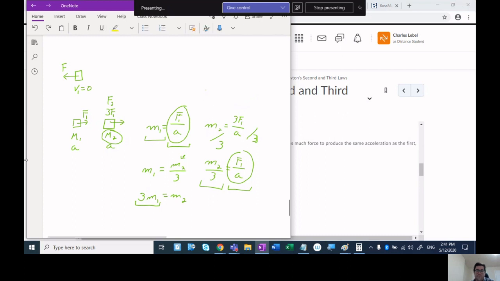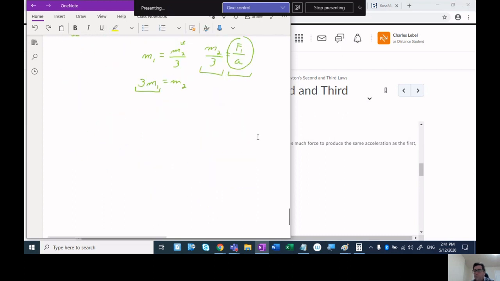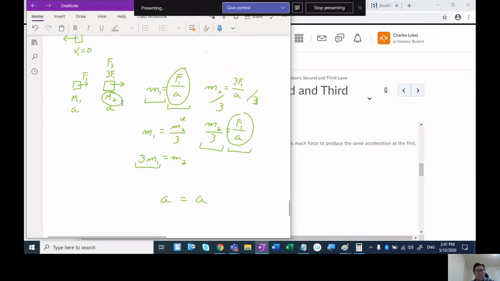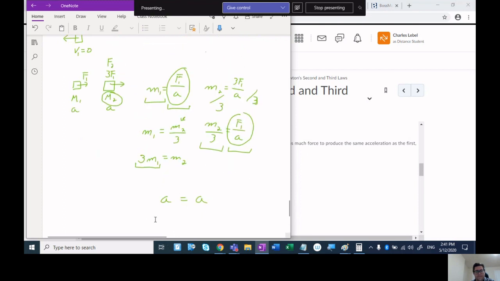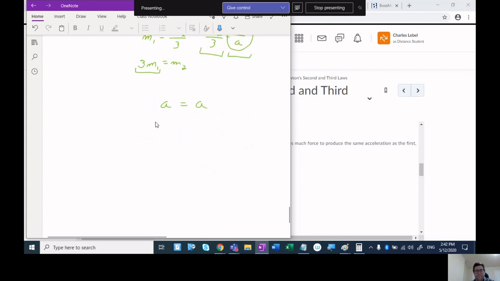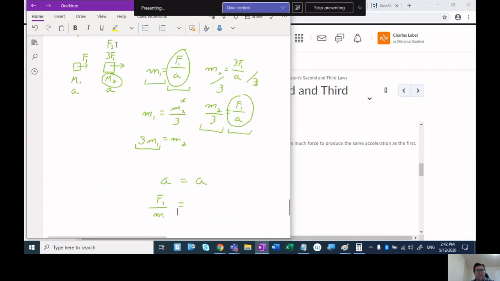I'm having fun. Let's do another way to do it. A more simple way. In both situations, A equals A. Right? They're the same A's. In this situation, A is F1 over M1. And in this situation, A is F2 over M2.